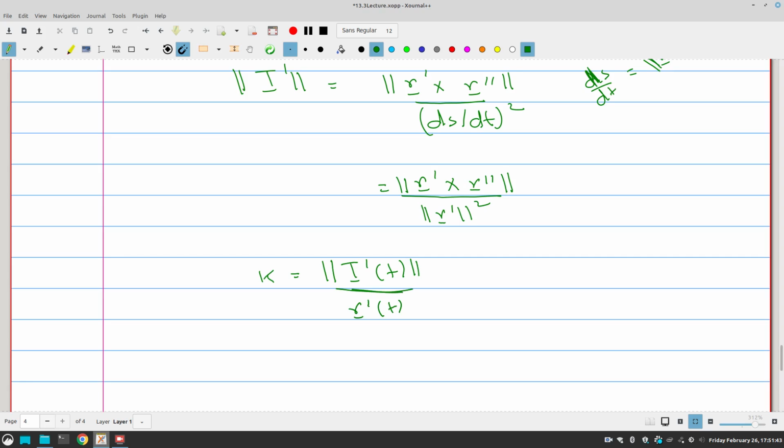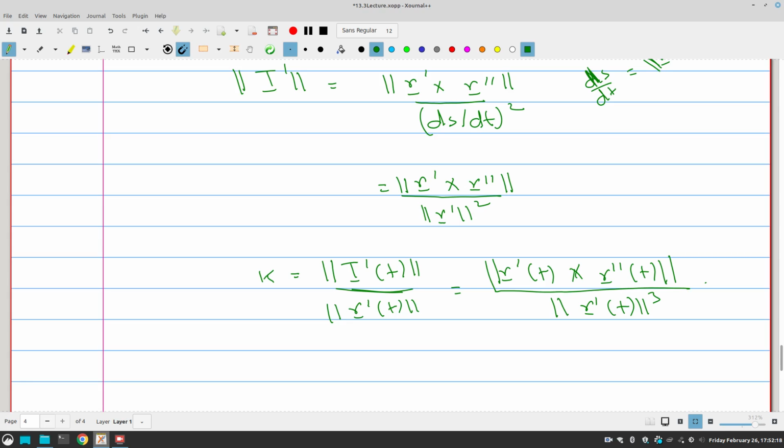I'm just bringing back the t's here. So there's an r prime squared here, and there's an r prime here. So this gives me the magnitude of r prime of t cubed. So this is a formula you can use for the calculation of kappa.